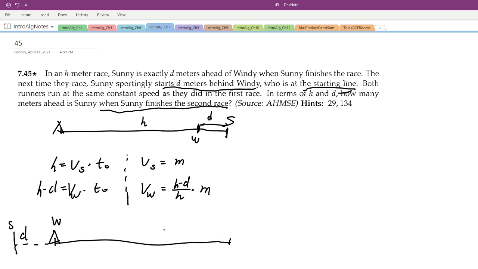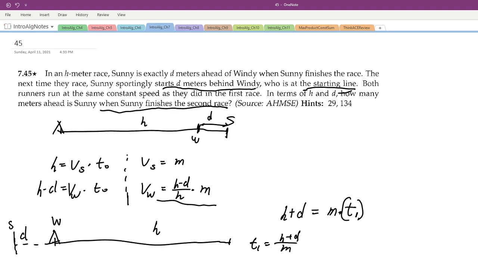On the second race, you can see Sunny travels more distance, so Sunny travels h plus d. She still uses the same speed of m and time t1. We want to figure out how many meters Windy travels. So t1 is equal to h plus d over m, times the Windy speed.